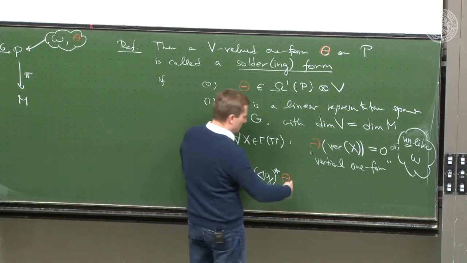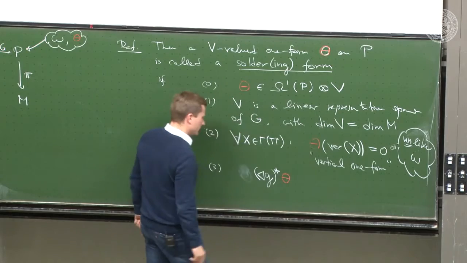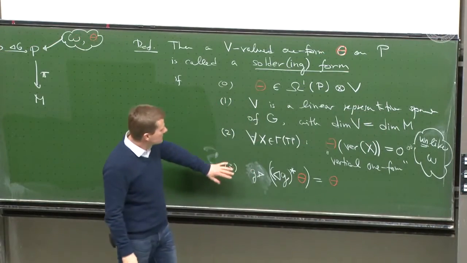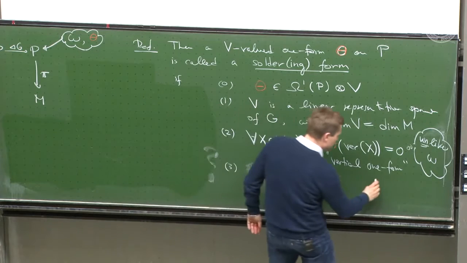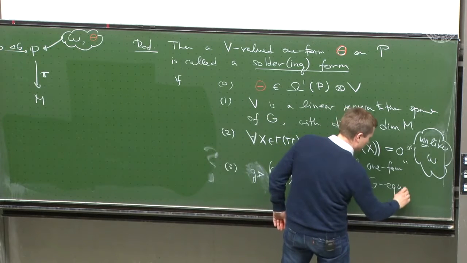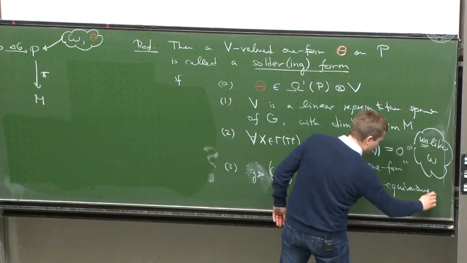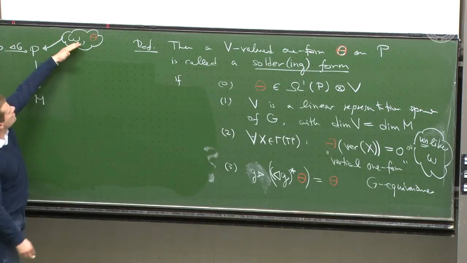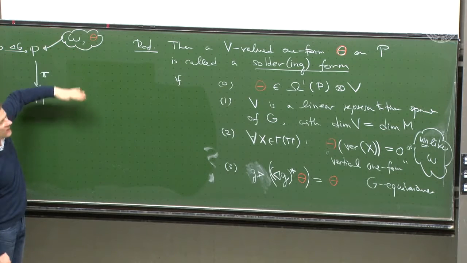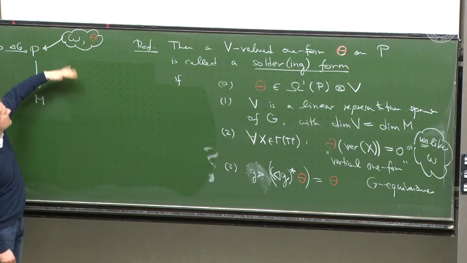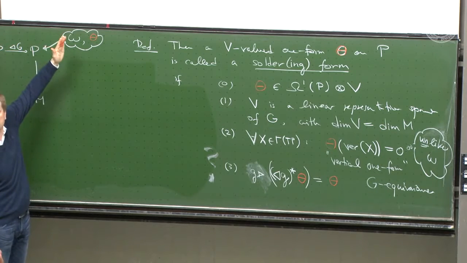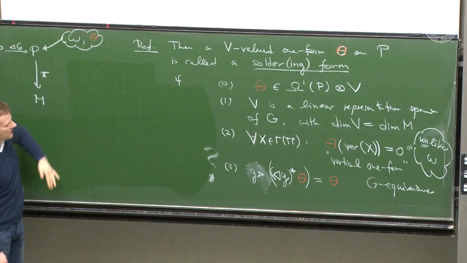But it will be again V valued. Okay, I should tell you what this condition is about. This condition is, of course, supposed to be the G equivariance condition. Is supposed to ensure that if you move the solder form along the fiber, that is just that the solder form at one point is given by the solder form at another point, right? So there's a compatibility condition.